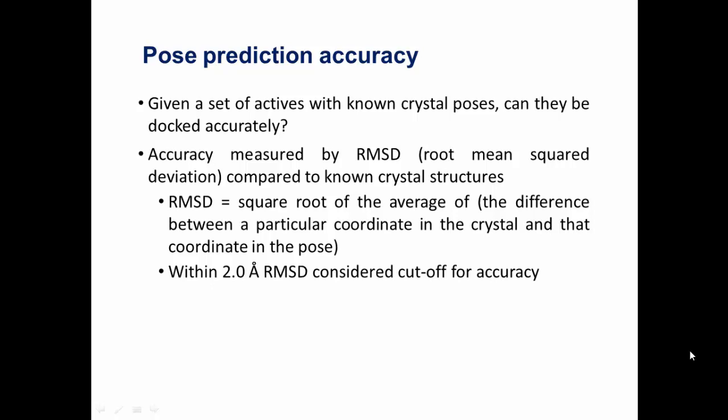If the value is less than 2 angstrom, that means your docking is good. So the smaller the value of the RMSD, or root mean square deviation, the more accurate the docking.